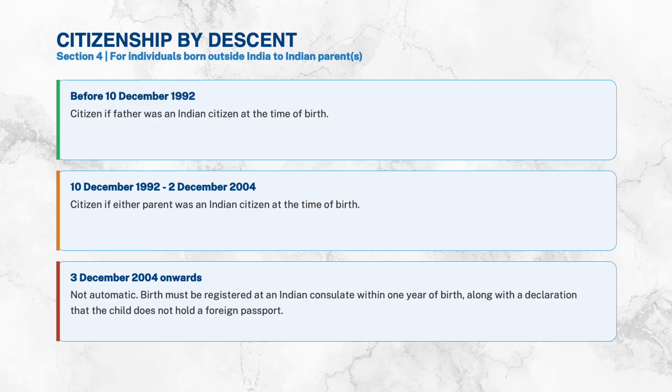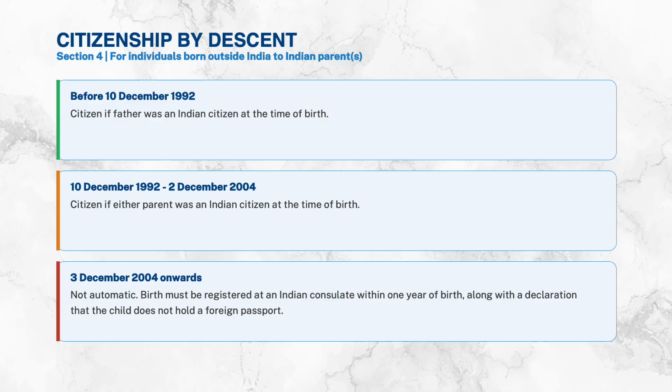Before December 1992, if you were born before 1992, you are a citizen of India if at the time of your birth, before 1992, your father was an Indian citizen. Okay, by descent, it's almost the same as citizenship by birth, right? But in this case, you don't have to be born in India.